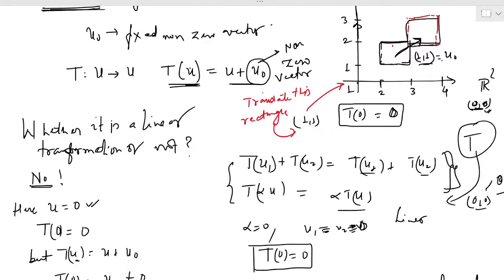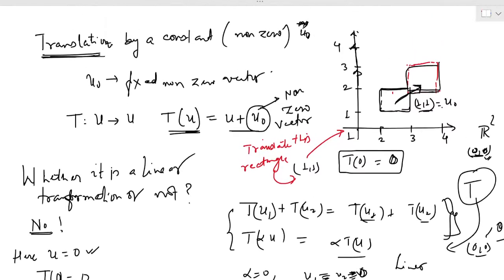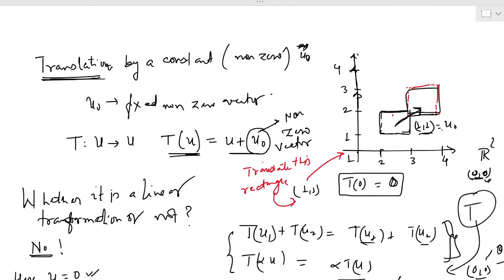Now if I put 0 here, I'll get 0 plus u naught, and u naught is a non-zero vector. So clearly there is a contradiction. So T cannot be a linear transformation. A translation with a non-zero vector cannot be a linear transformation.